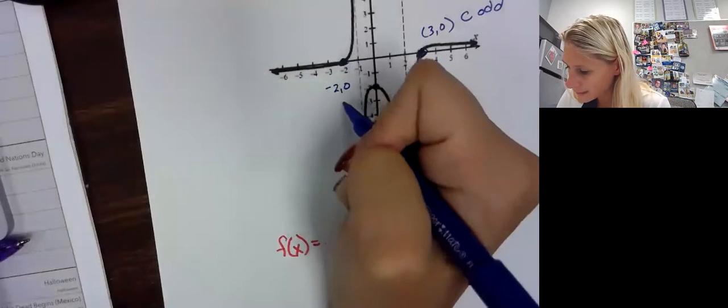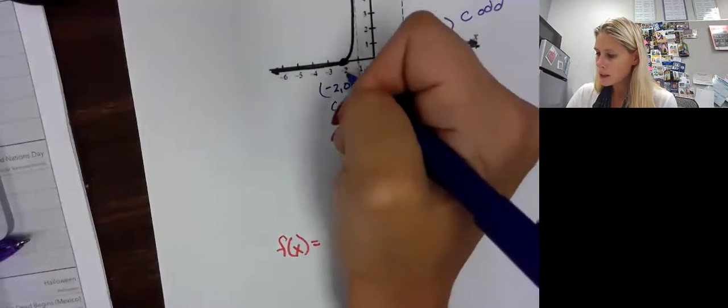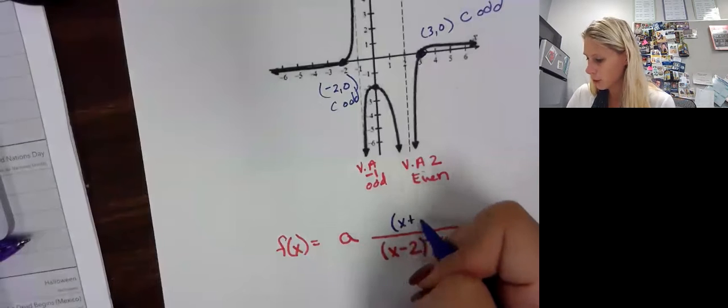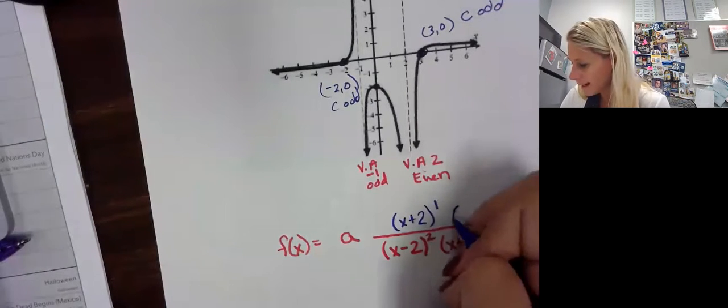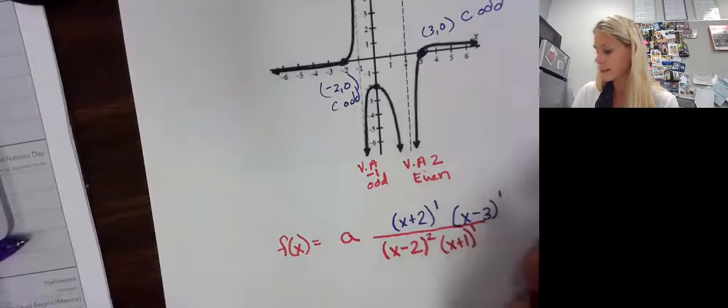And it crosses, so it's odd. Okay, so how do I write that? Well, I would write x plus 2, and that is to the first because it's odd, and x minus 3 to the first because then it's odd.